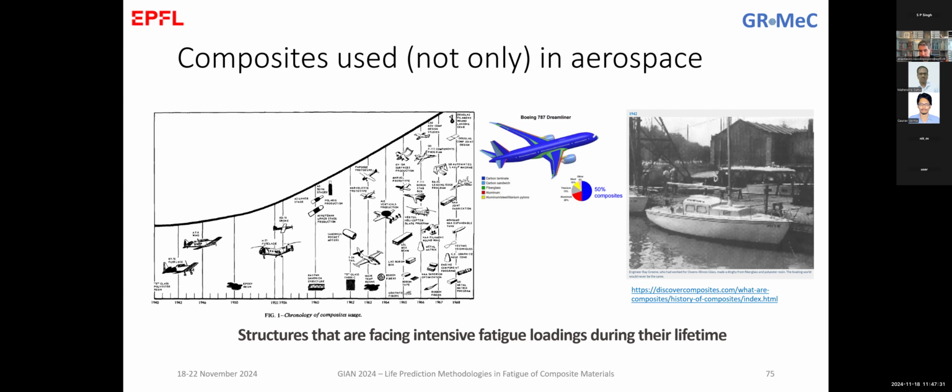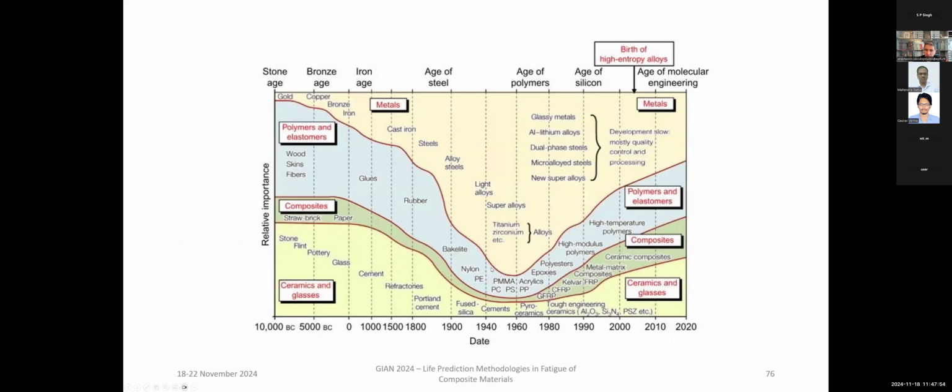Today we have wind turbine rotor blades that are facing more than 100 million fatigue cycles during their lifetime. 100 million is 10 to the power of 8. And a lot of applications are facing intensive fatigue loading during their lifetime, and they need to be considered during the design.